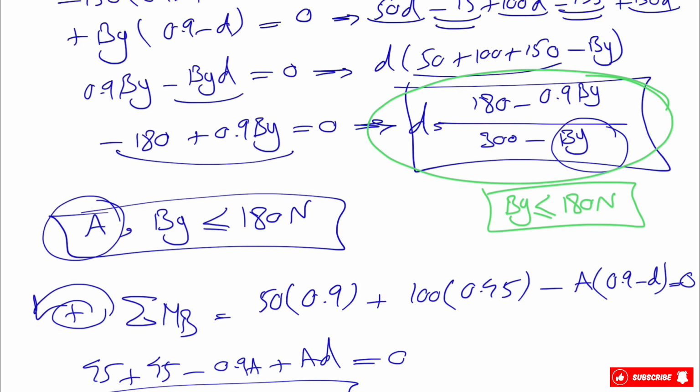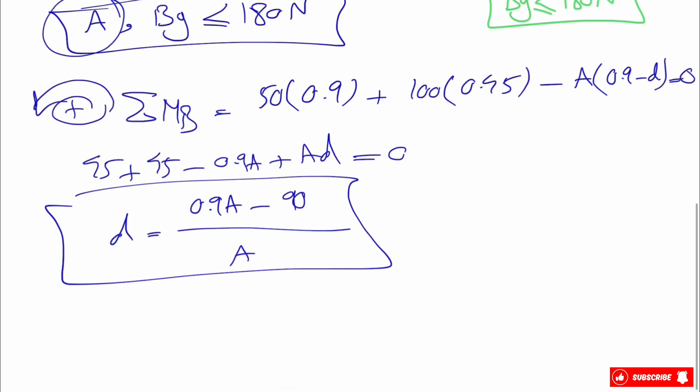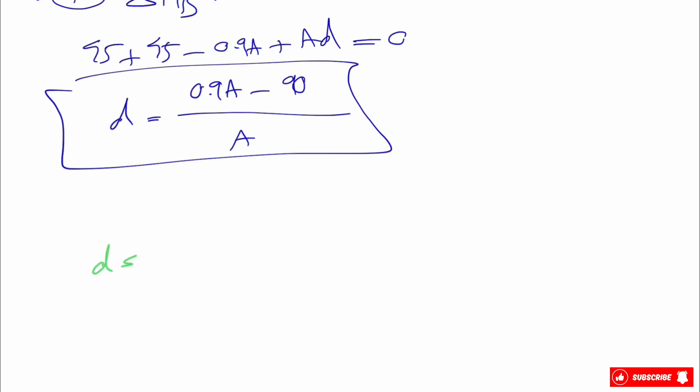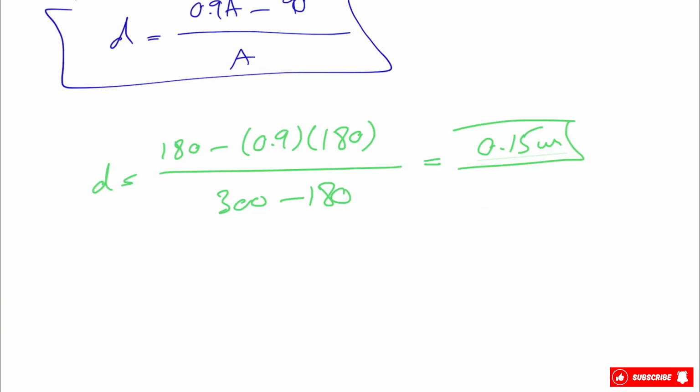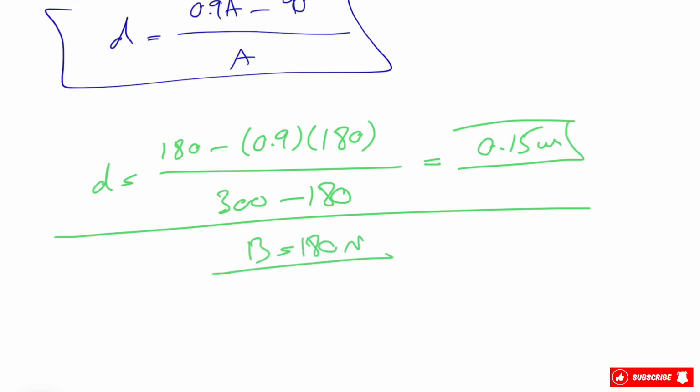Let's put our 180 in and see what we get for D. D will be 180 minus 0.9 times 180, the maximum value we have for B, divided by 300 minus 180. If we calculate this, we get 0.50 meter. So when B is at 180 Newton, that's the distance that we get.